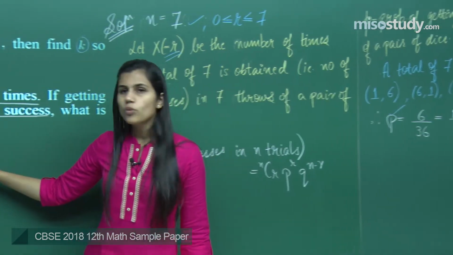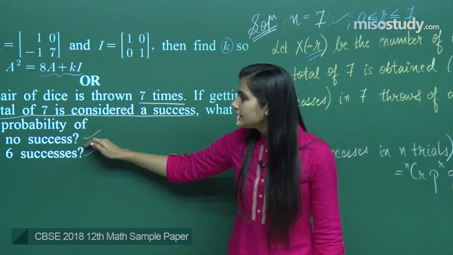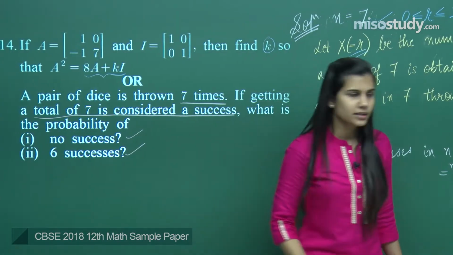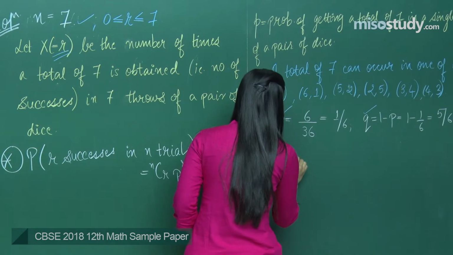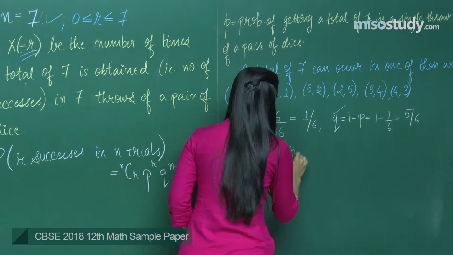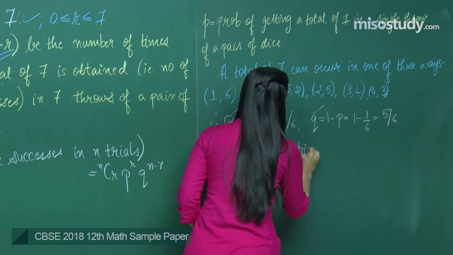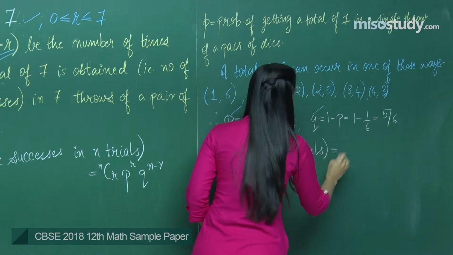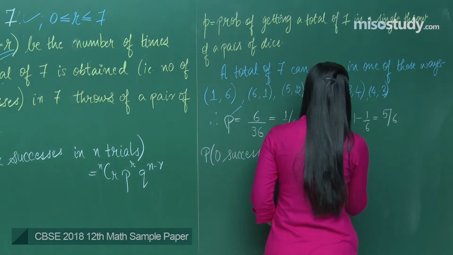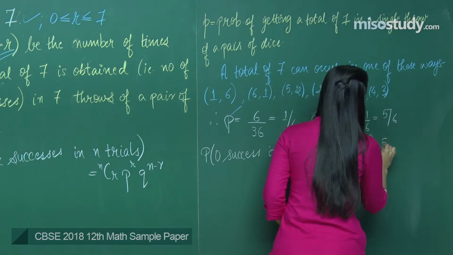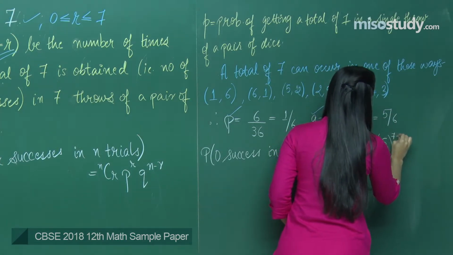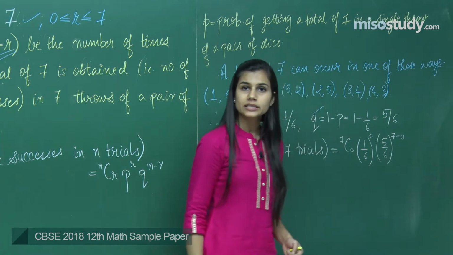First thing the question wants me to tell it is 0 successes in 7 trials. So, probability of 0 successes in 7 trials is given by 7c0 p to the power 0 q to the power 7 minus 0, isn't it?